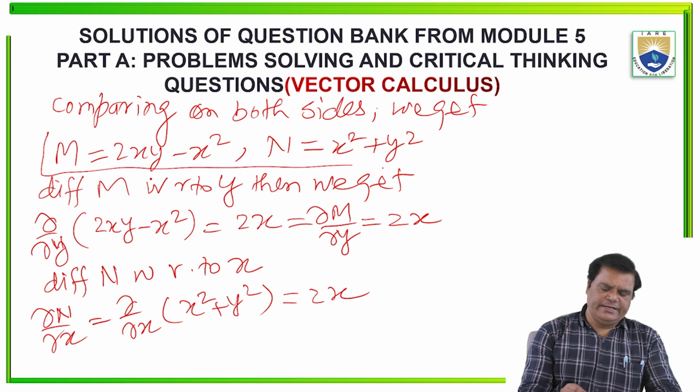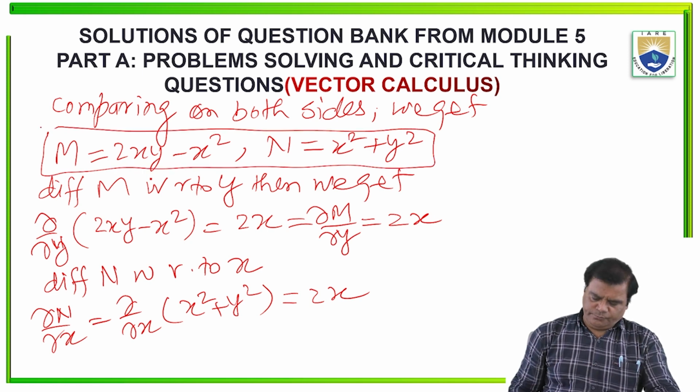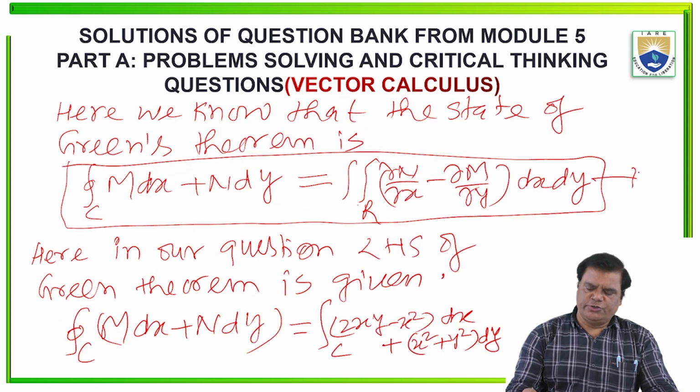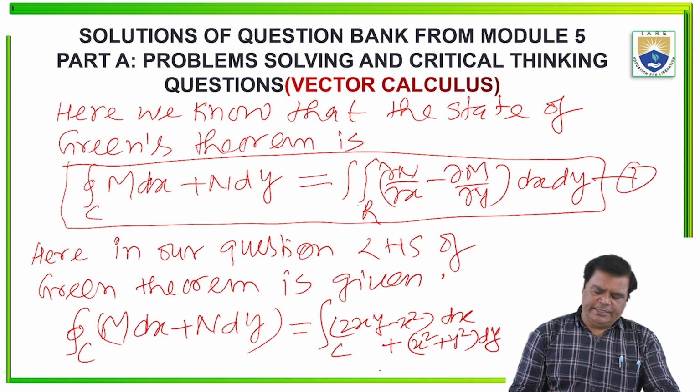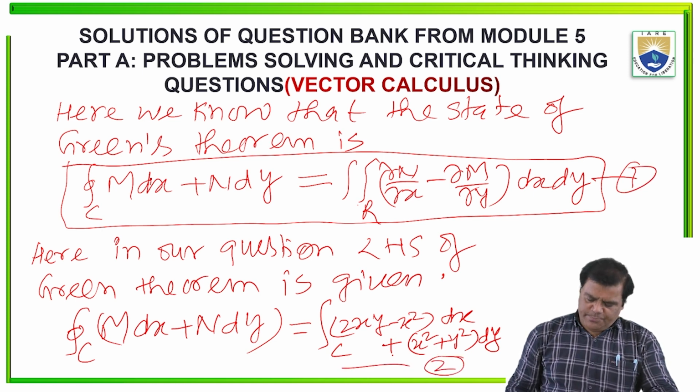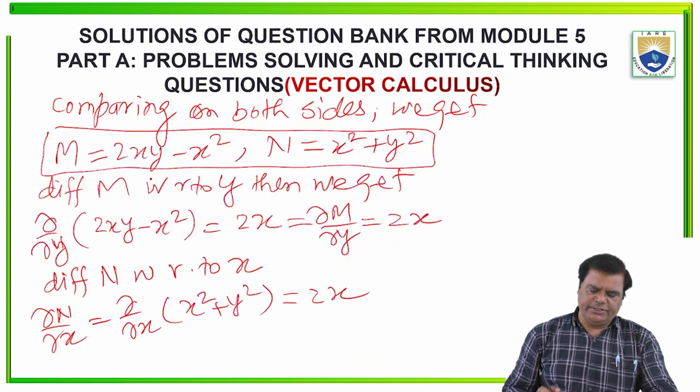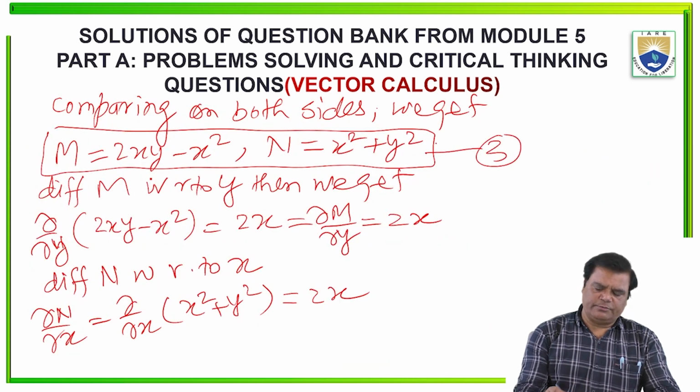This is Green's theorem, equation 1, and this is equation 2. Comparing on both sides, we get equation 3.